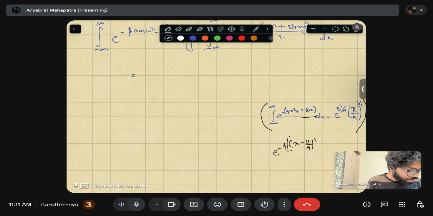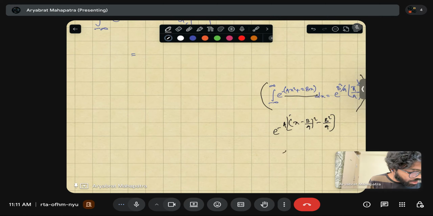If you get the perfect square type form over here, then it simply becomes something like exponential minus b square.